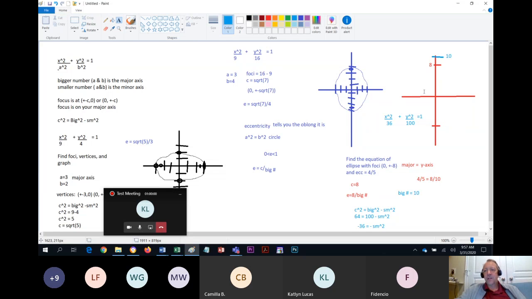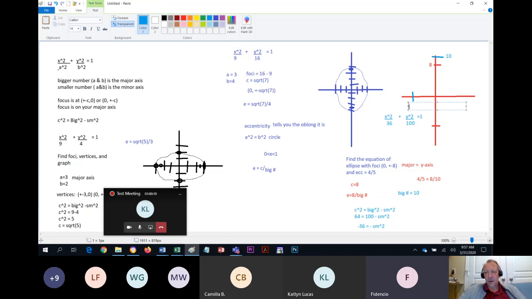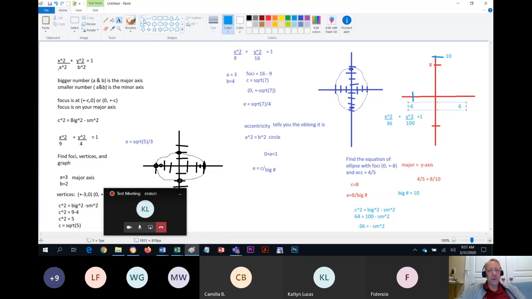And so really what this is telling me, if I were to finish drawing this, is that this is going to be -6 and +6. And so then I can finish this out.